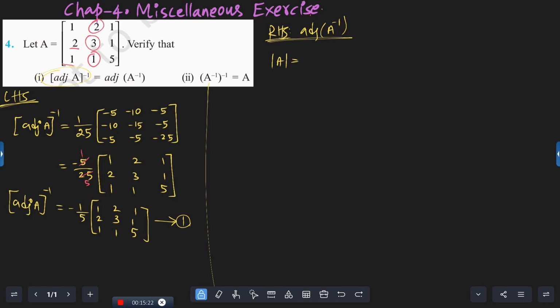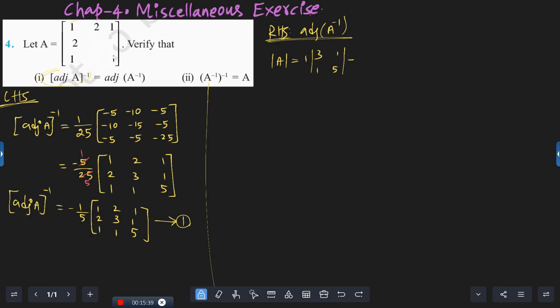Determinant of A now, from here let me go. From the question I will start. So take the first element, and if you strike out its row and column, what we have? 3, 1, 1, 5. Then minus, that is the formula.